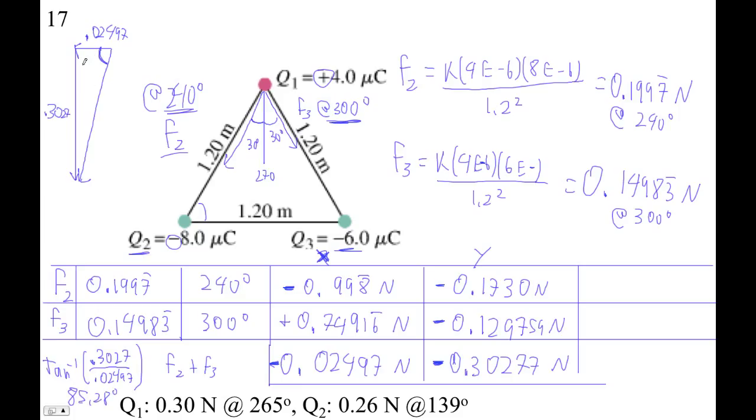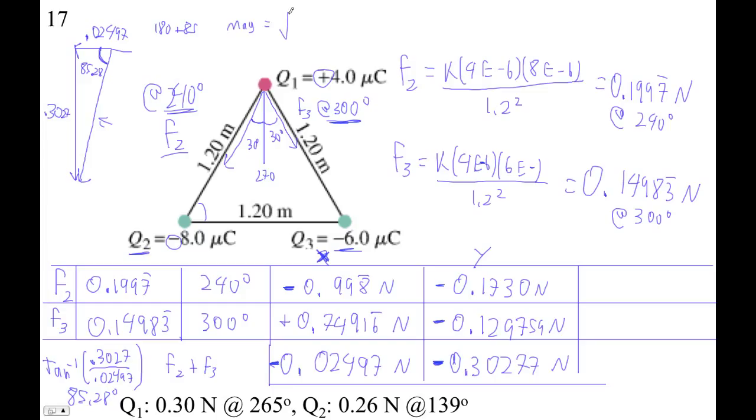So if that's 85 degrees, of course the trig angle that goes all the way around is 180 plus 85, right? So add 180 to that. And that's how we get the 265. It's 265.28, right?